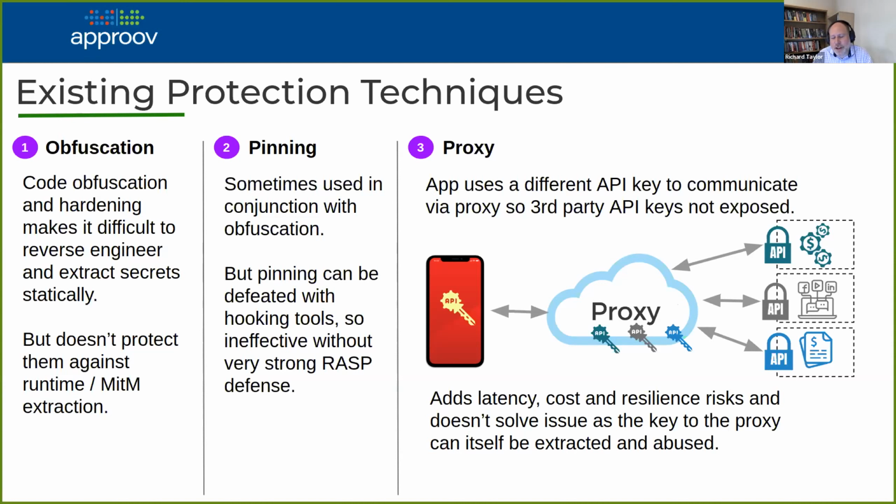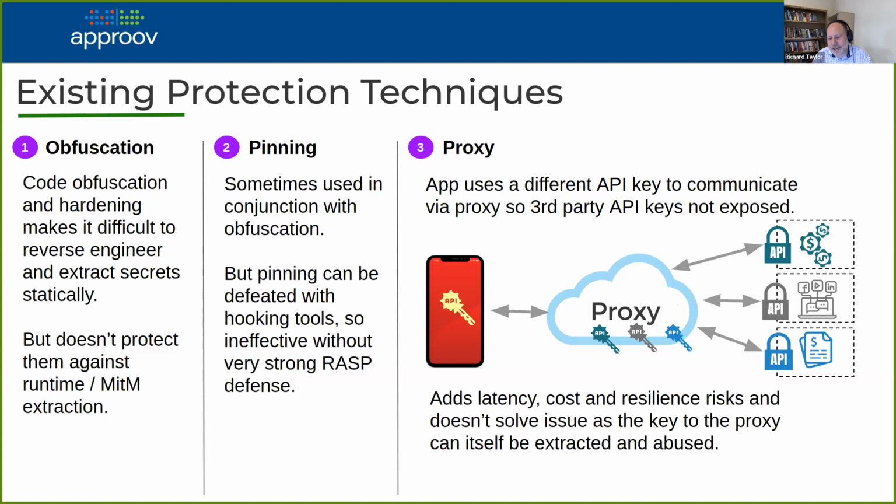And the other approach that is taken is to basically move the API keys out of the app entirely by communicating with the backend via a proxy rather than directly to the API. So the idea here is that rather than the app connecting directly to some backend API, you set up some kind of proxy in the cloud, which the app actually connects to.